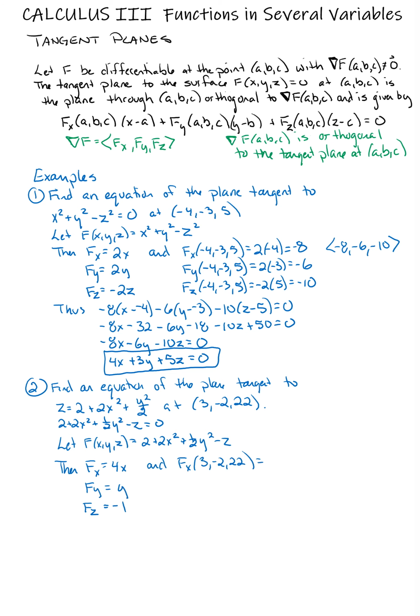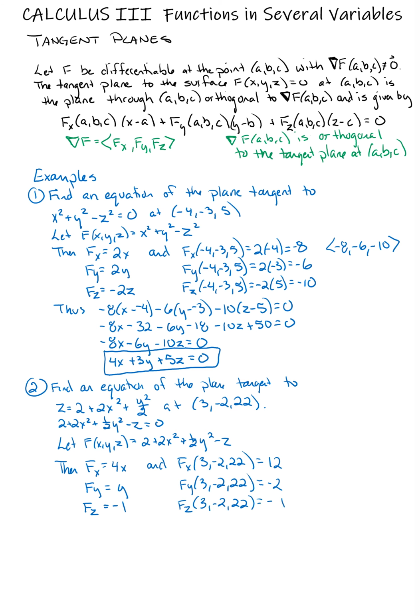So the partial with respect to x gives us, what is that, 12? The partial with respect to y evaluated at that point is negative 2, and the partial with respect to z at this point is simply negative 1.